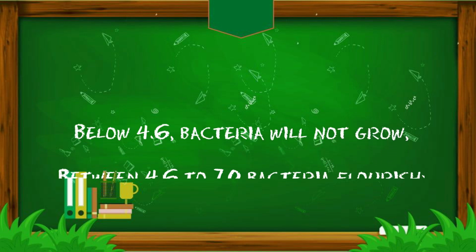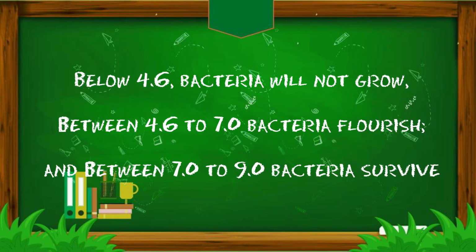At an acidity level below 4.6, bacteria will not grow. Between 4.6 and 7.0, bacteria start to flourish. And at an acidity level between 7.0 and 9.0, the bacteria can survive.